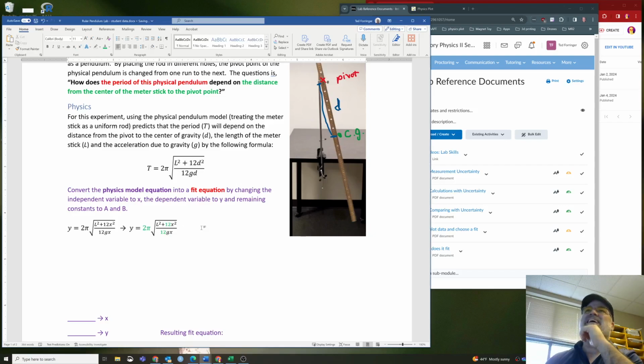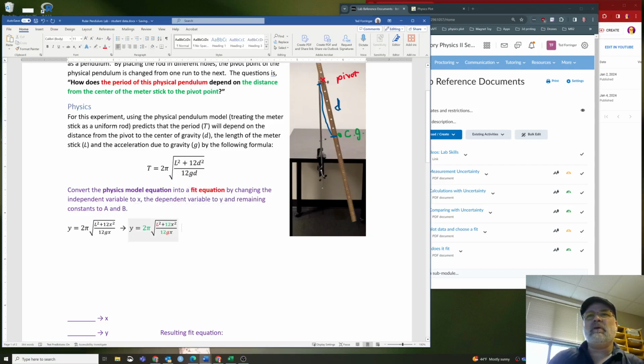Anything that's an inexact value, in this case, like L or G, needs to be collected into one of these constants, A or B.